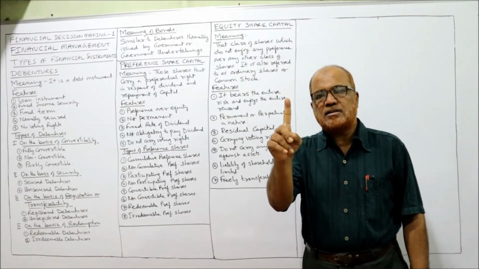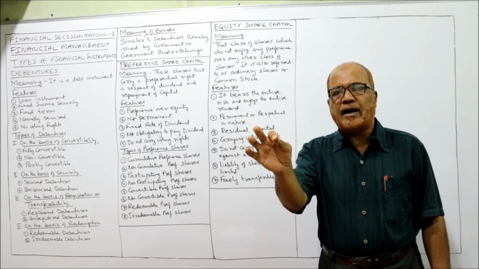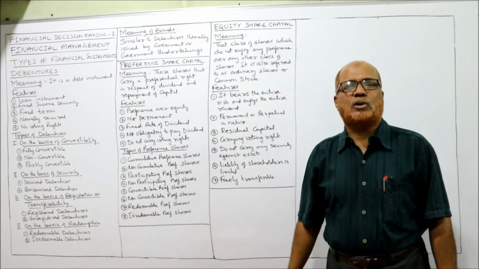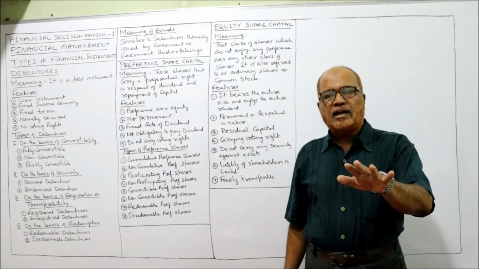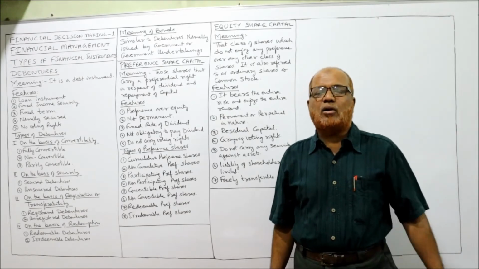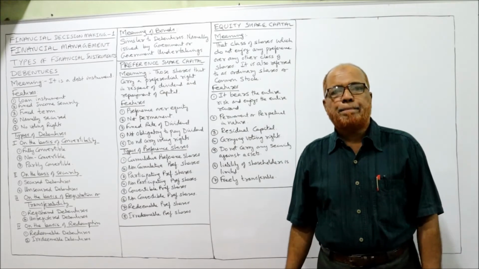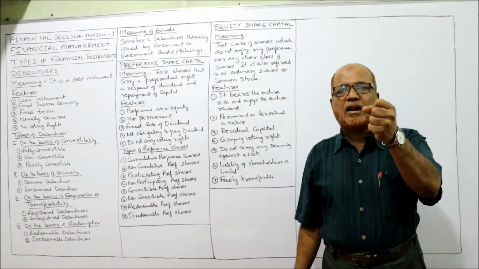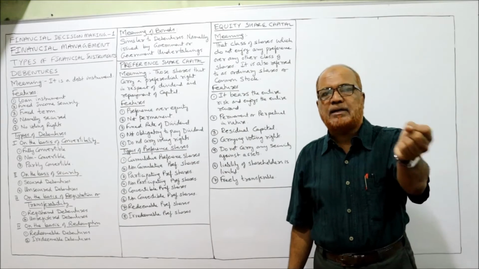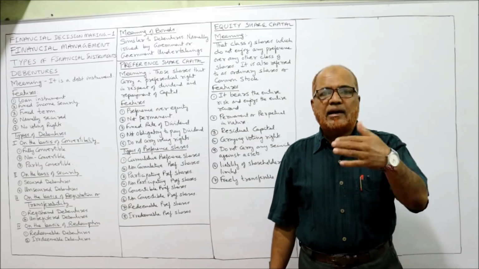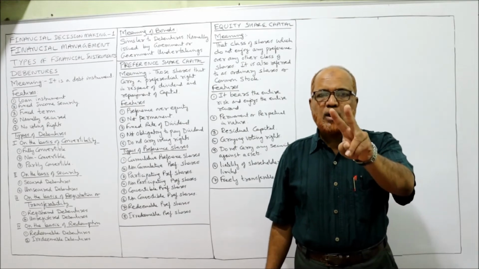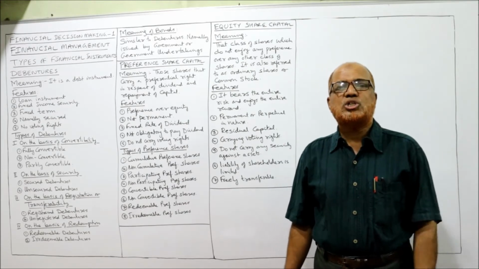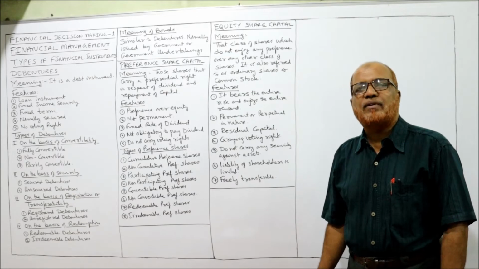The first right, dividend should be paid first to preference shareholders, then to any other shareholders. Secondly, at the time of liquidation or at the time of winding up of the company, the preference shareholder should have the right to get the capital returned first. Later on, capital will be returned to other shareholders. If these two rights are there, those shares are called preference shares.